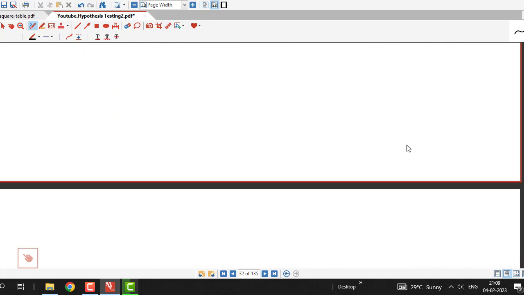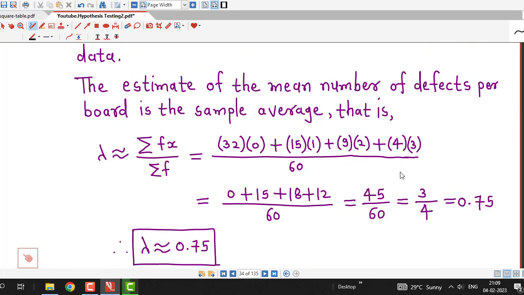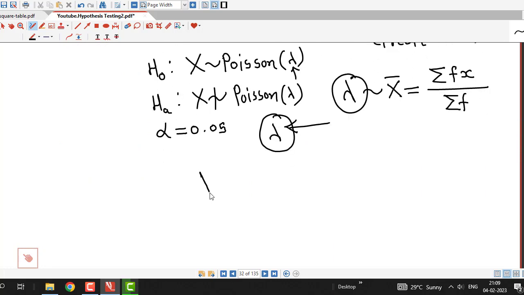Lambda is obtained using the sample mean, sigma fx divided by sigma f, and it is 0.75, so we will consider lambda equal to 0.75.